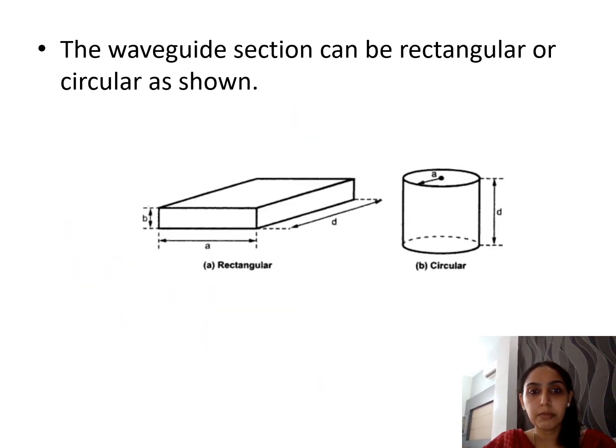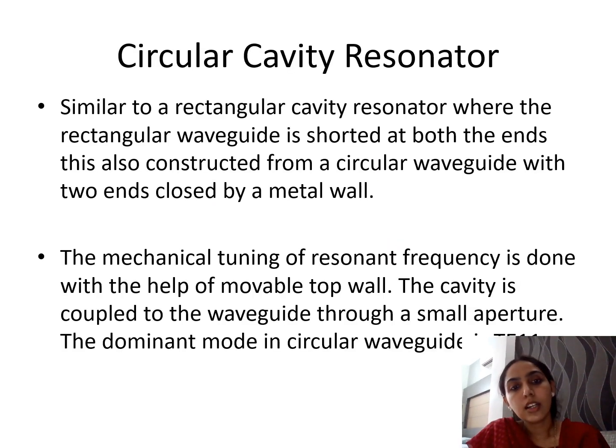So the waveguide can be either rectangular or circular as shown. The circular cavity resonator is similar to the rectangular cavity resonator in such a way that the ends of the circular cavity are also enclosed by a metal wall.